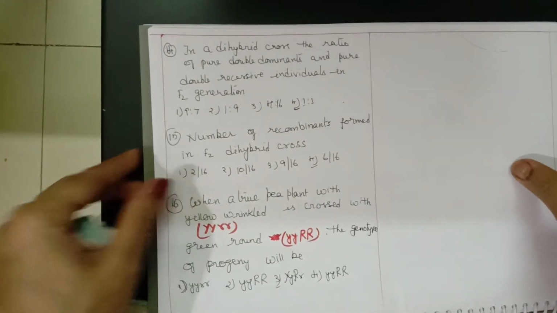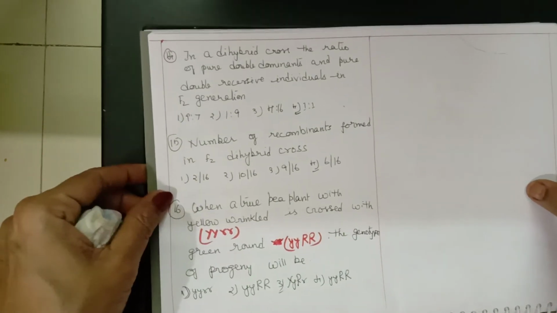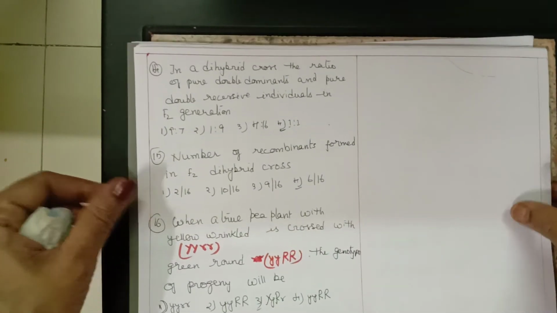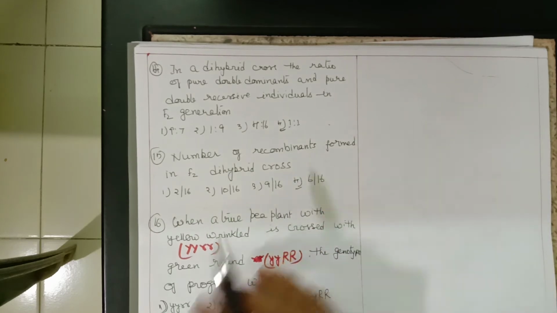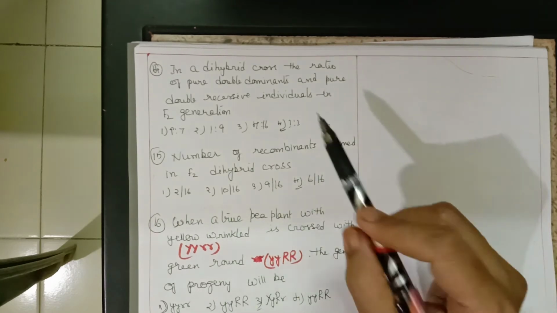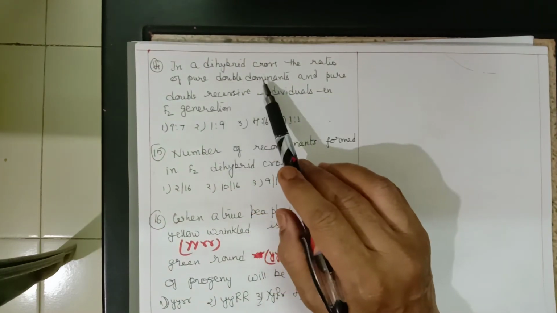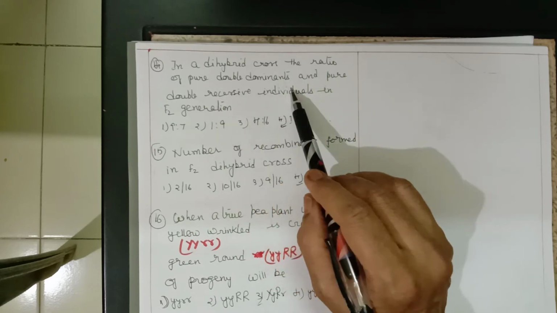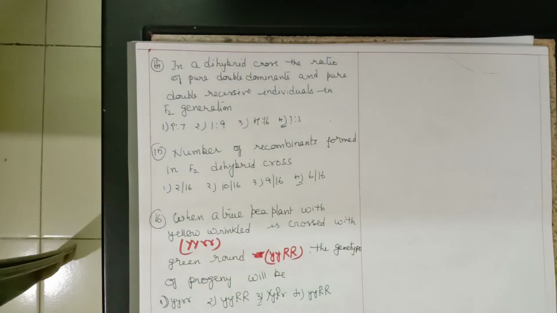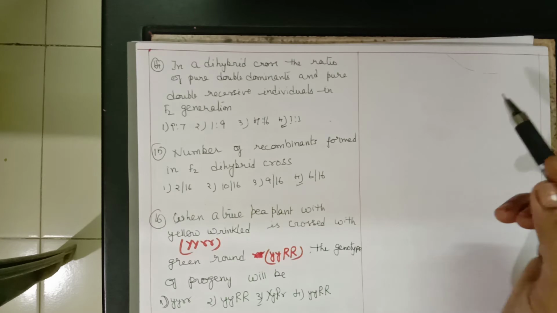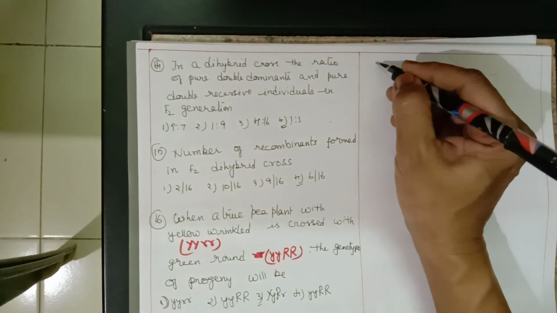Everything is in front of you, children. You can once again go through it and try to solve by yourself. In a dihybrid cross, the ratio of pure double dominant and pure double recessive individuals.